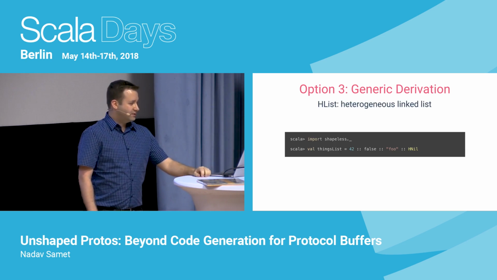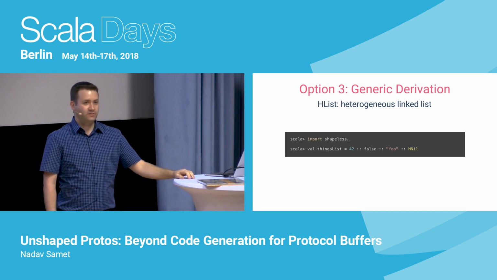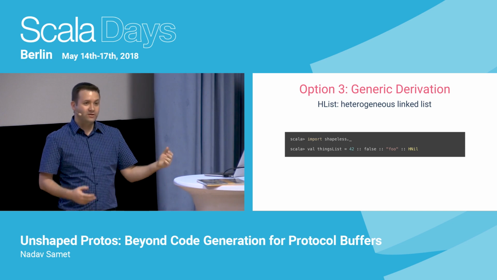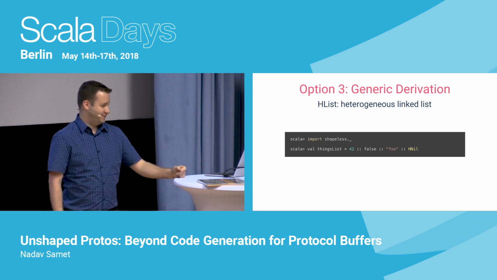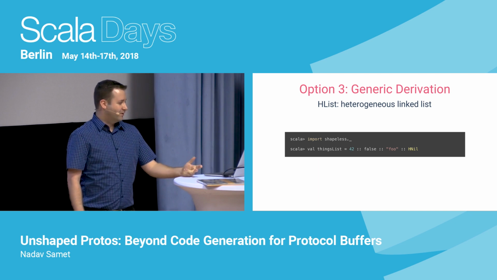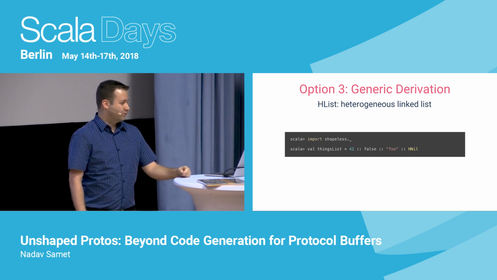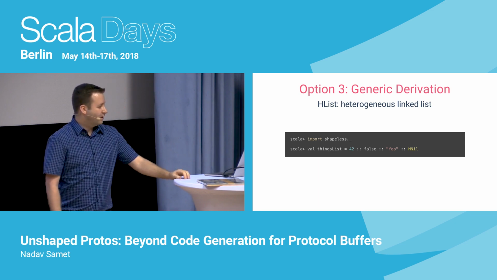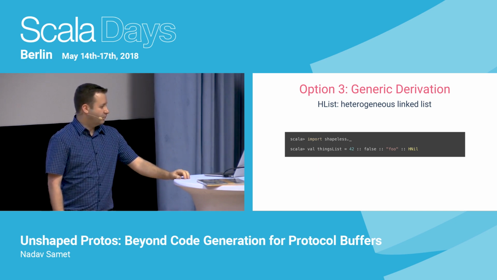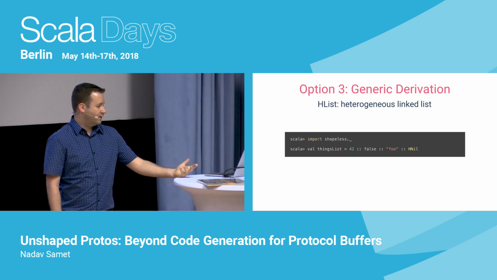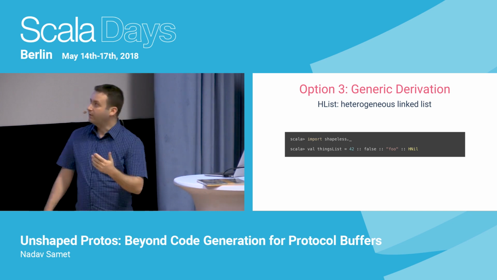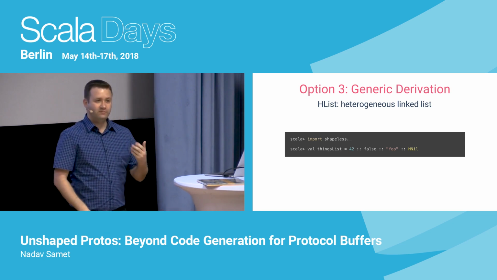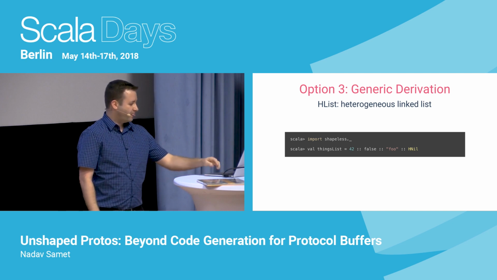So enter HList, which is implemented in the shapeless library, and it basically provides an implementation of heterogeneous linked lists. Now we can define something like this. We import shapeless, which gives us a new meaning for the :: operator, and we can compose this list like this, given different types, and at the end we put HNil, which represents the empty heterogeneous list.